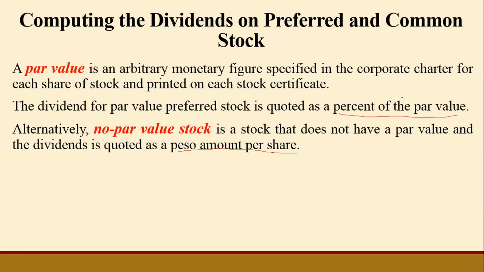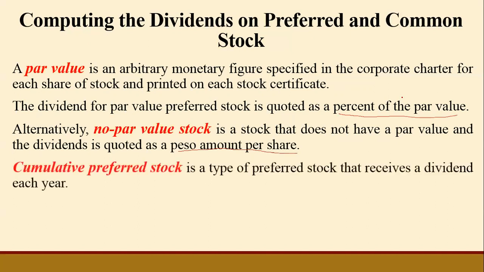The cumulative preferred stock is a type of preferred stock that receives a dividend each year.